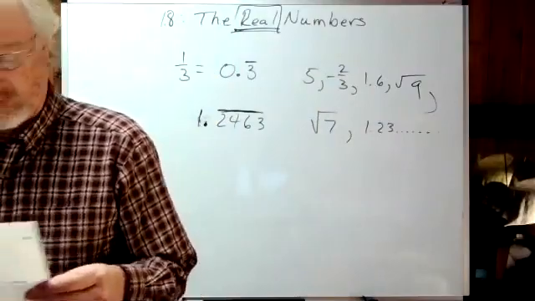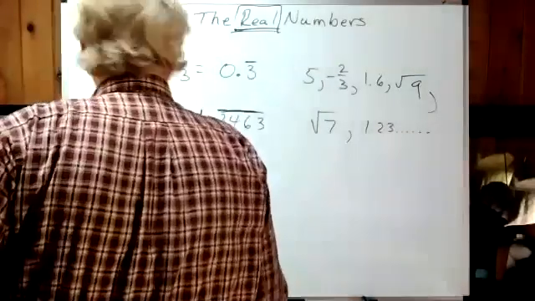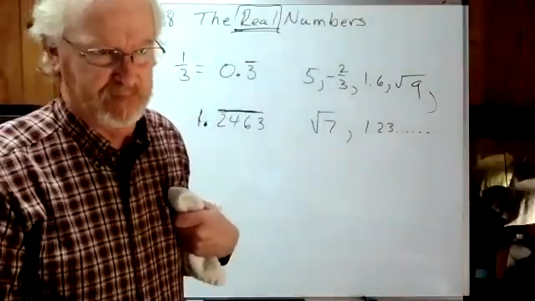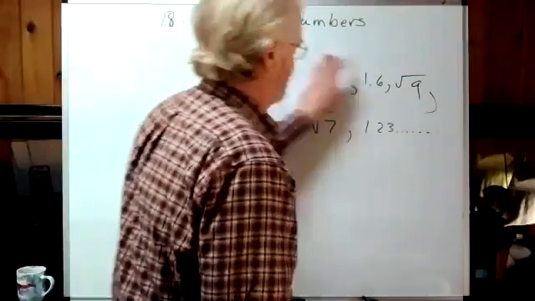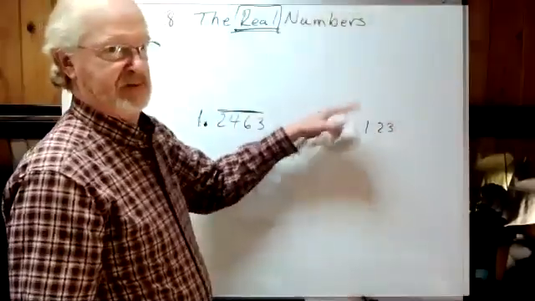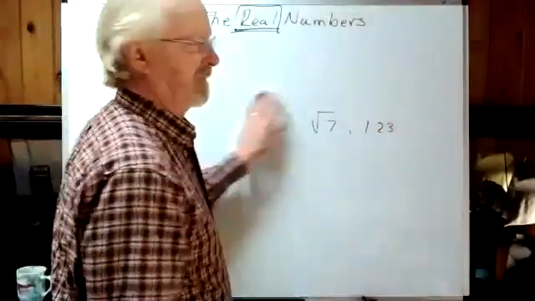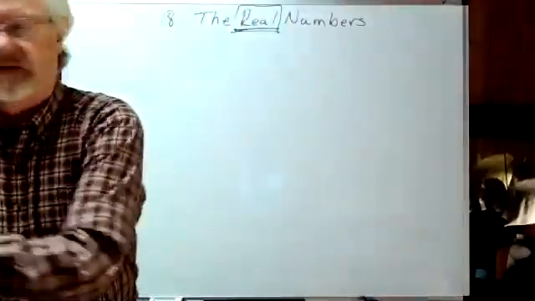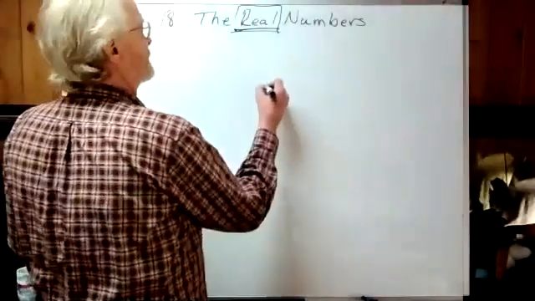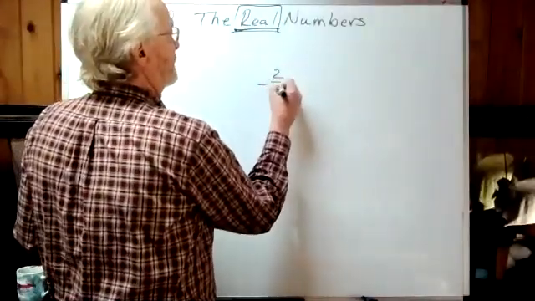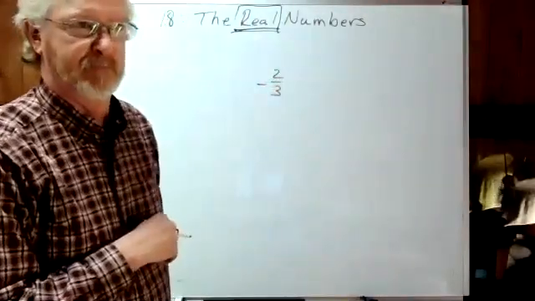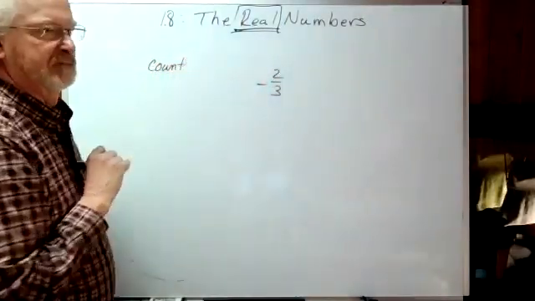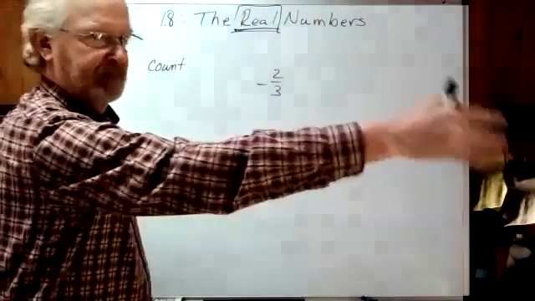And I wanted to then, as a way to practice these different kinds of numbers, you'll see homework problems that list a bunch of these and then choose which sets they belong to, or find all the whole numbers, or which set of numbers does this belong to. Which set of numbers does -2/3 belong to? Is it a counting number? Well, no, it's not 1, 2, 3, 4, 5.